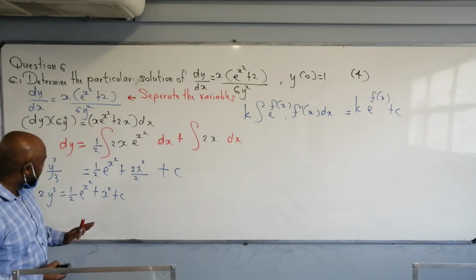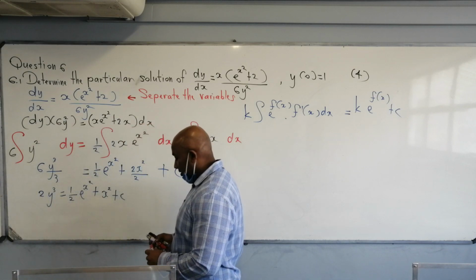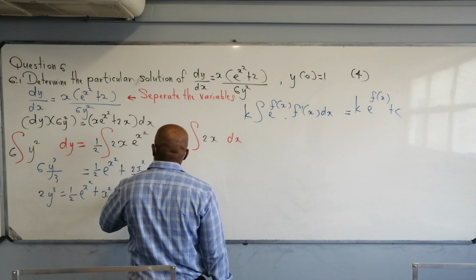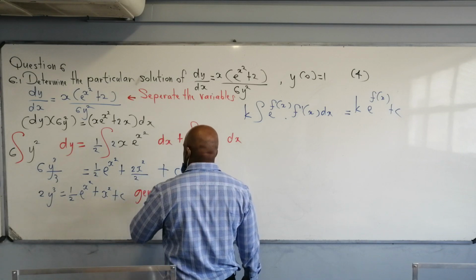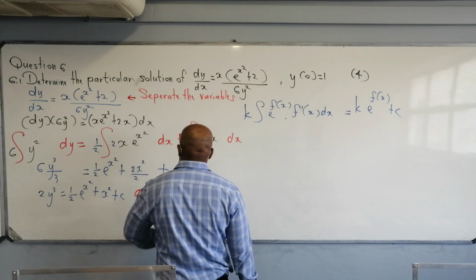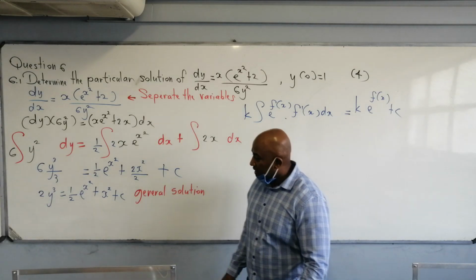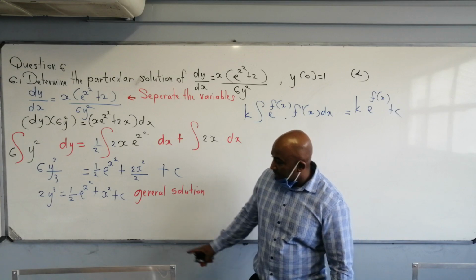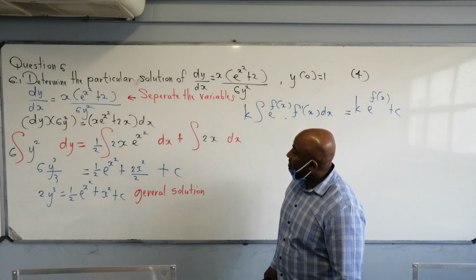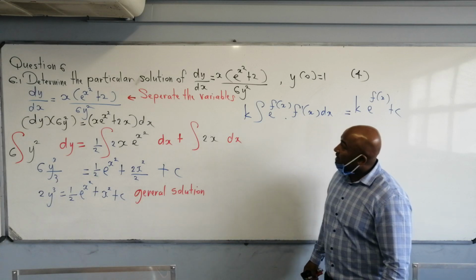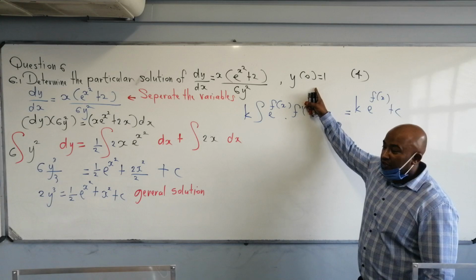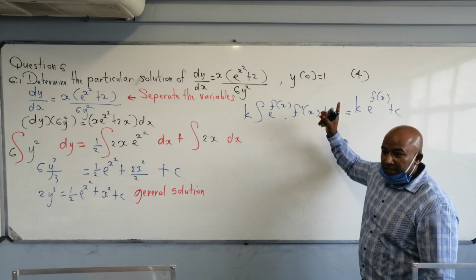Alright, so at this stage, this is called the general solution. We still have plus c there. Now this question stated find the particular solution. So we have values. We want to know what's happening at this point.